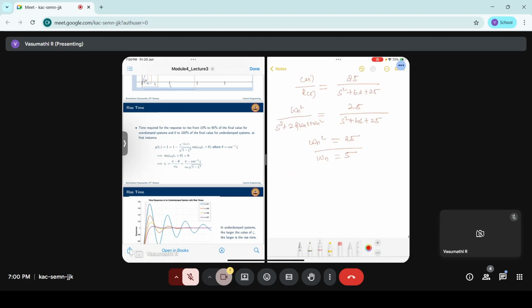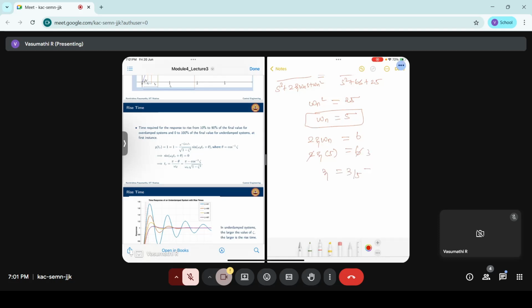Omega n equal to 5. The next term is 2 zeta omega n is equal to 6, where omega n you already know, 5. So 2 zeta into 5 is equal to 6. Zeta is equal to 3 by 5. The value you will get is 0.6. So zeta will be 0.6.